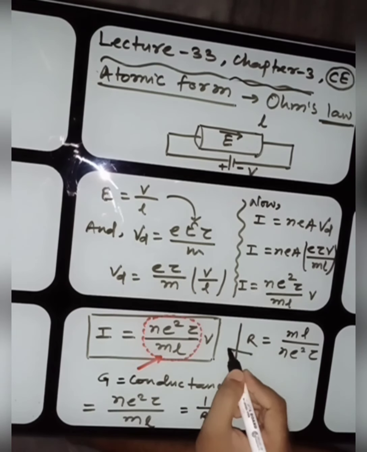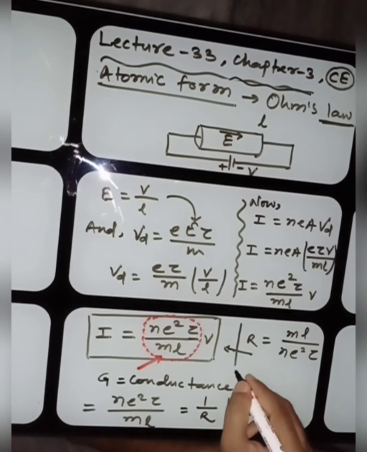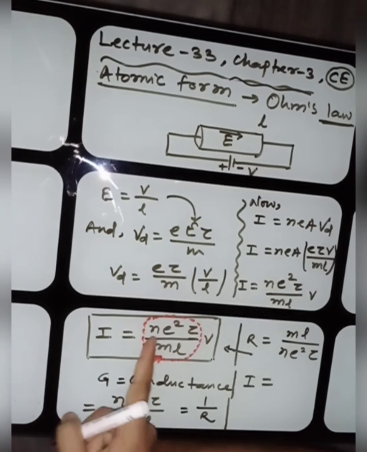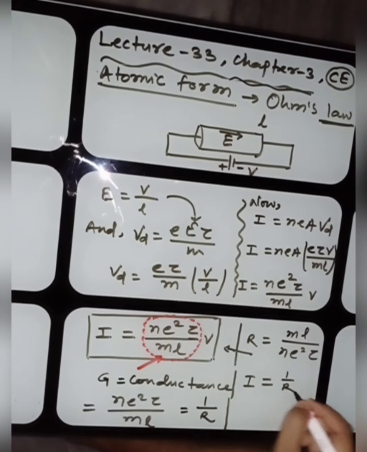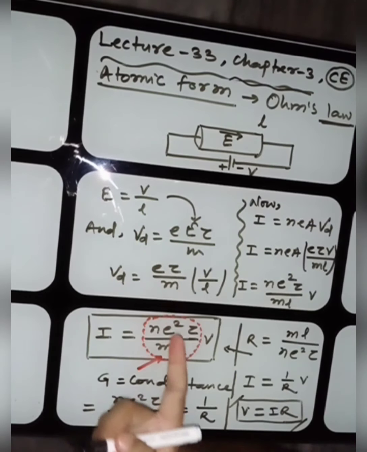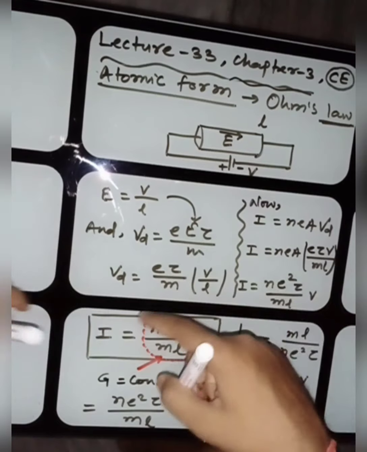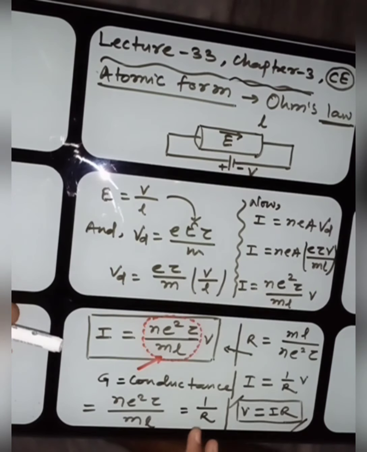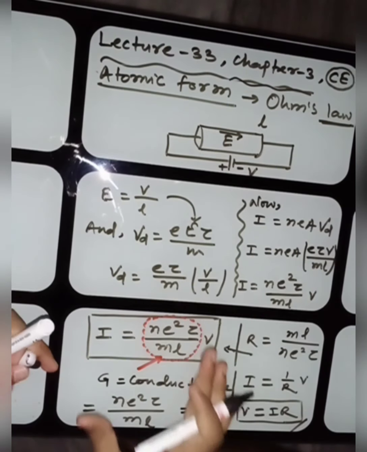If you put this value in this equation, then you can write this I as 1 by R into V. So V is equal to I into R. So again we derived Ohm's law using this atomic form. So this is the atomic form of Ohm's law. V is equal to I into R.